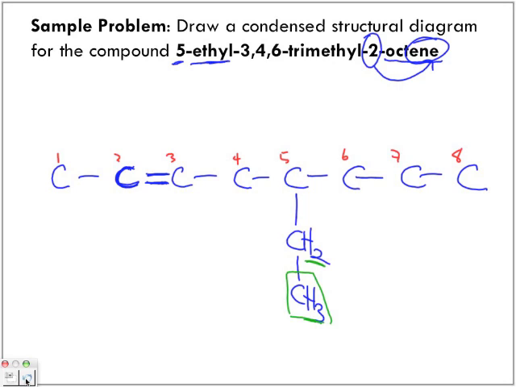So now, we've done the 5-ethyl group. So now we've got 3 methyls found on the 3, 4, and 6 carbon. So I'm going to draw them above. So, 1 methyl group on the 3, another methyl group on the 4, and another methyl group here on the 6th carbon. So now, what's left?